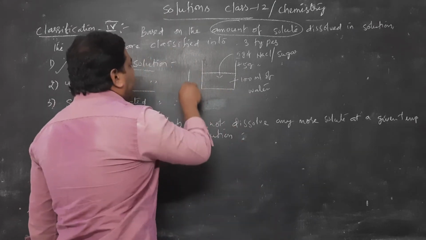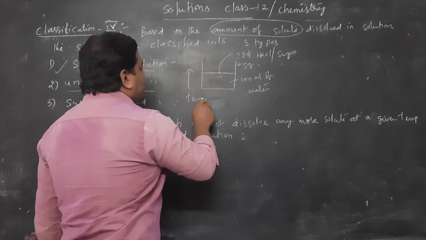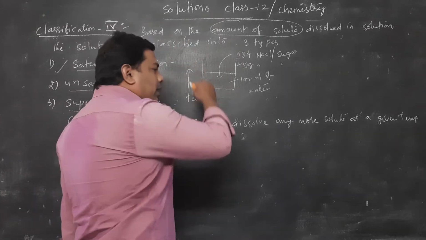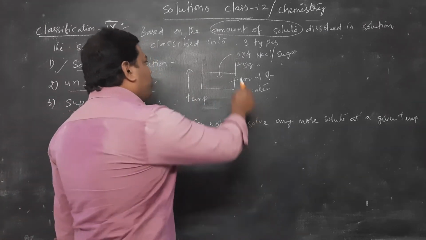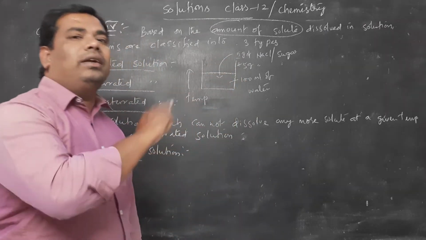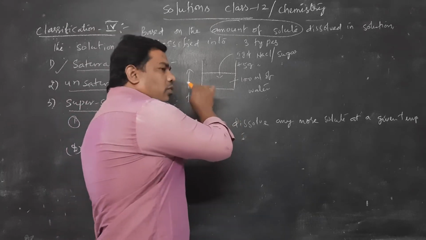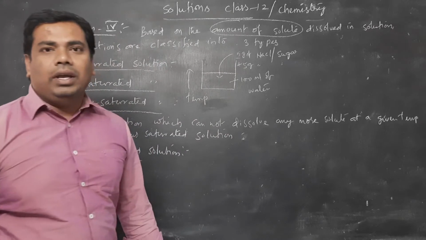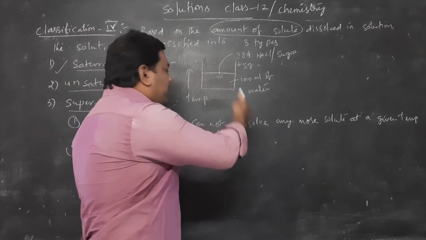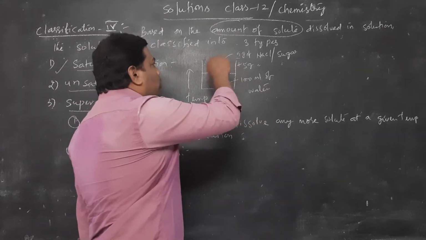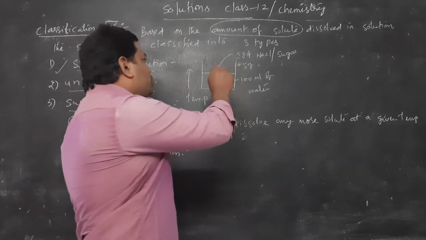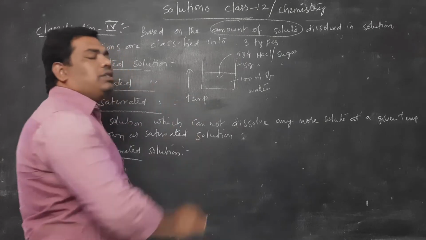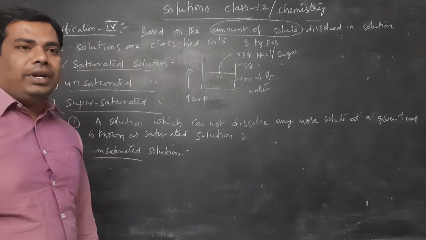When we increase the temperature, some more solute further dissolves. At 27 degrees, no more solute can dissolve in that water, but when we increase the temperature and add some more solute, these solute particles can be dissolved in water. For that given temperature, we call it an unsaturated solution.